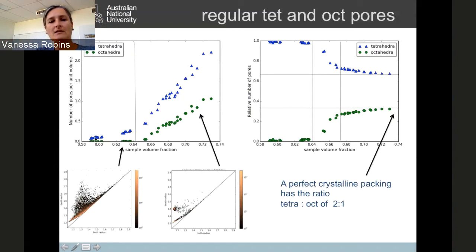You see the regular tetrahedra increase slowly and then much more steeply after that 64% disordered close packing limit. And there's almost no octahedra below 64%, and then they start to increase as you get more crystalline domains. The plot on the left shows how the ratio of tetrahedra to octahedra goes to the crystalline packing ratio of 2 to 1, tetrahedra to octahedra.